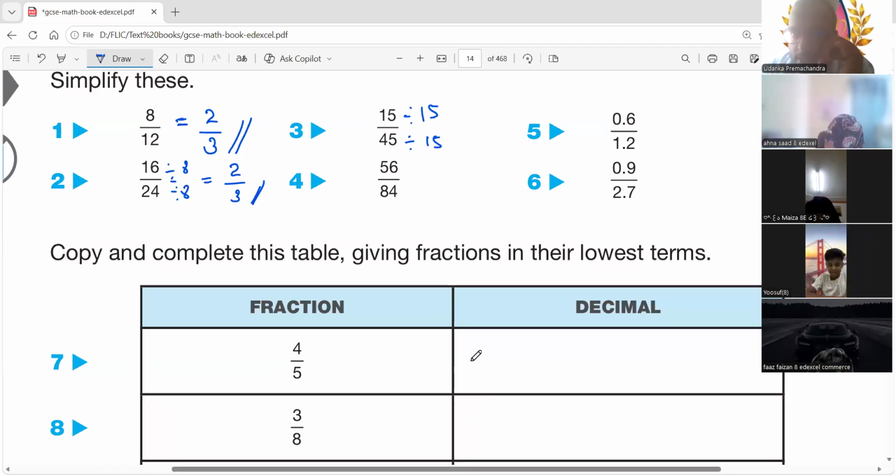Clear? It's better to start with the bigger value first. Here, I divide by 15. 15 divided by 15 is 1. 45 divided by 15 is 3. It's 1 over 3. Okay.